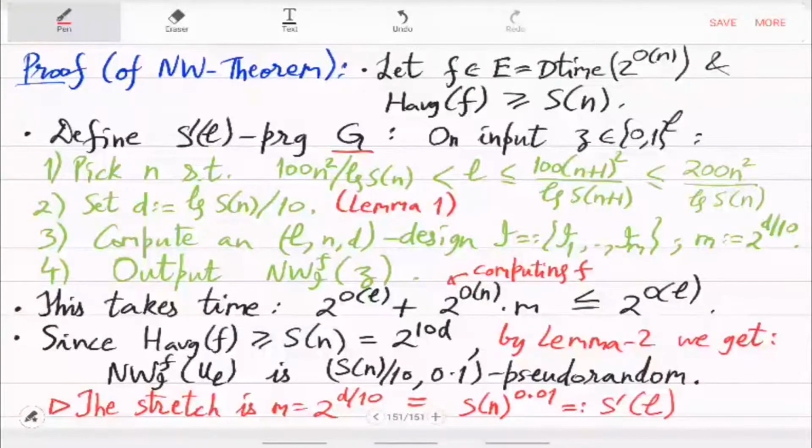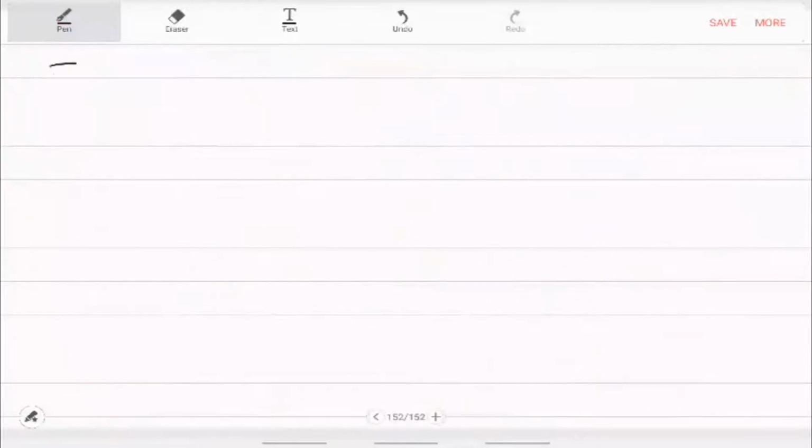Remember, L is like quadratic in n. So L is being stretched to S prime L, which is actually S of n to the 0.01. So S of n has to be sufficiently large for this to give something interesting. So this implies that G is an S prime L PRG.